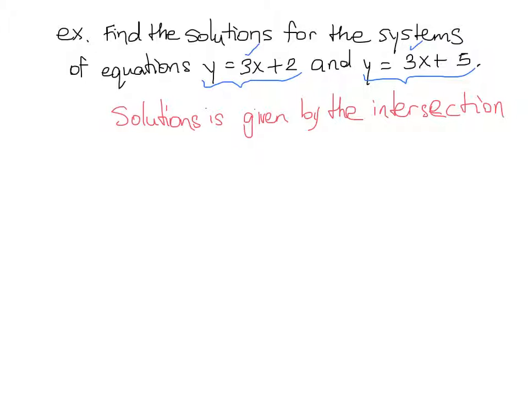And what does the 3 represent in each case? If you said that the 3 represents slope, because it's the m in our y equals mx plus b, then you are on a roll. That's correct. So both lines have a slope of 3.